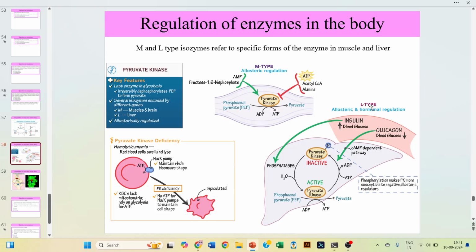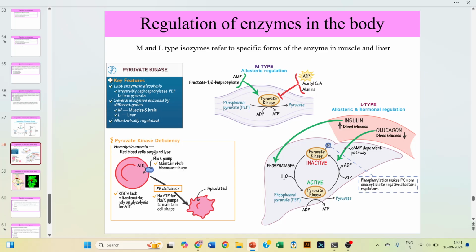Okay, in the L type, that is liver, insulin and glucagon are influencing pyruvate kinase activity, but the reaction is the same, PEP to pyruvate. This is also PEP to pyruvate, but the other entities influencing it are different.